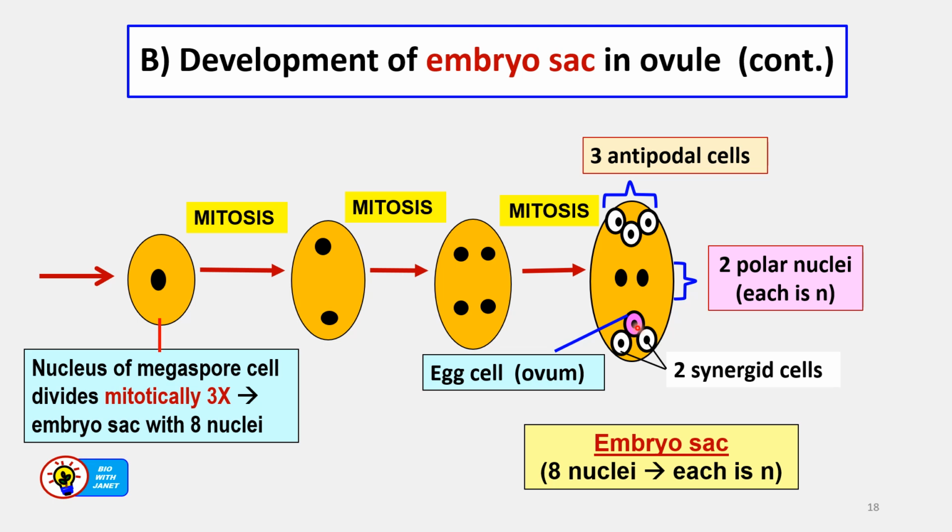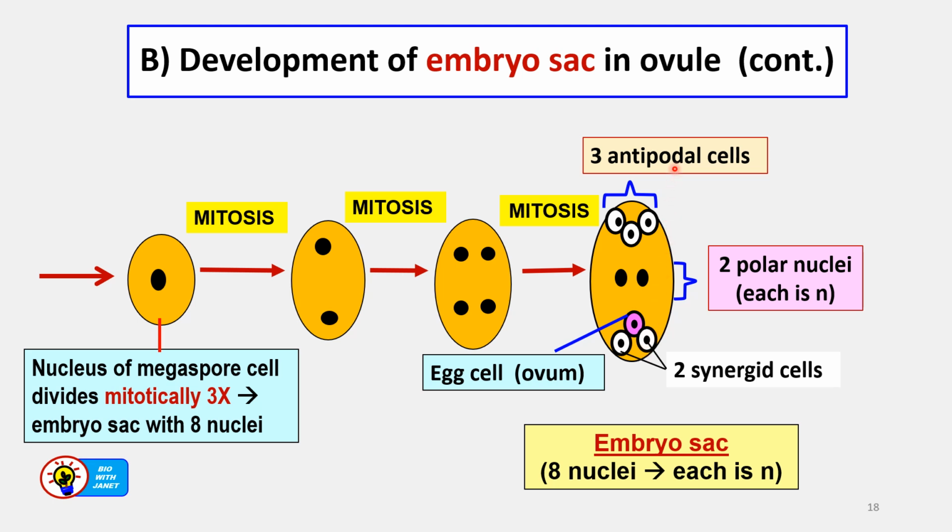It's the female gamete that will take part in the fertilization process. Then 2 more nuclei will be in the center of the cell. They are called the 2 polar nuclei. So all these nuclei are haploid.